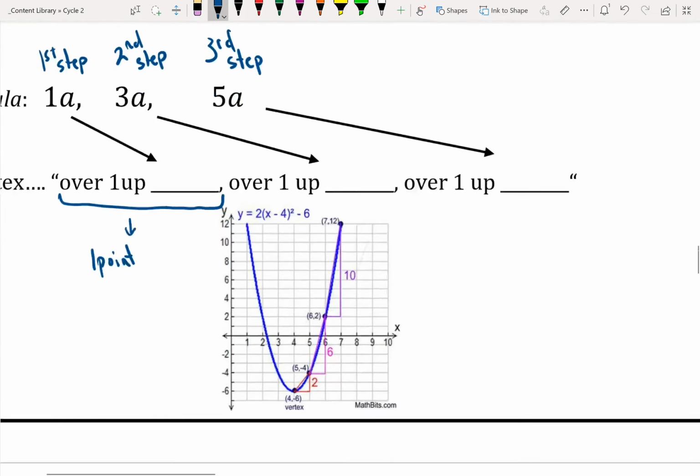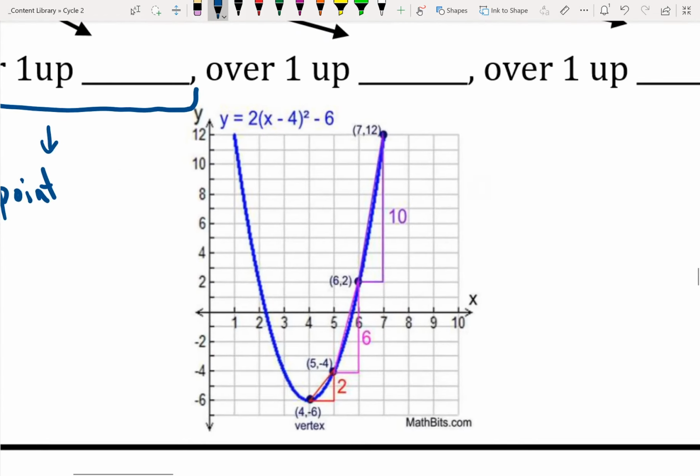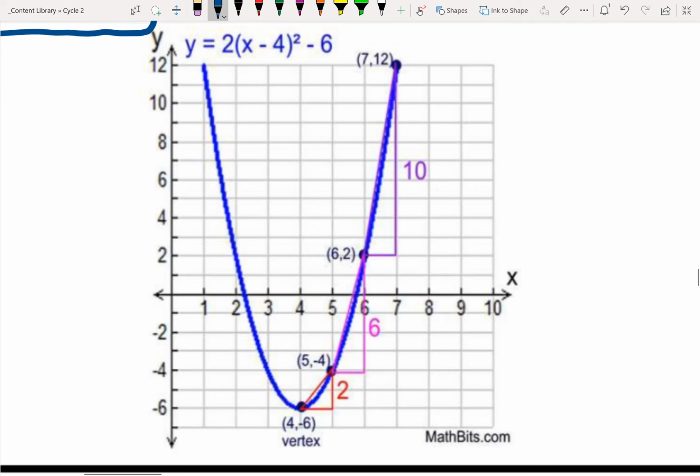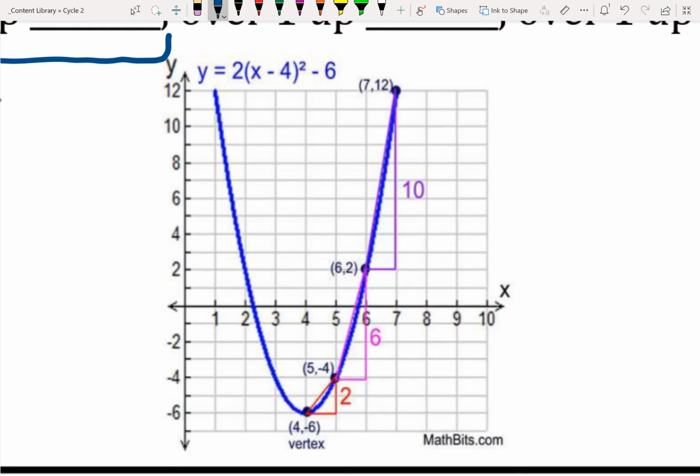And we can see an example of that here. Looking at this equation, I can see my step pattern, my a value. My a value is 2.